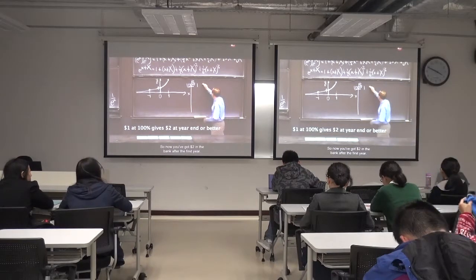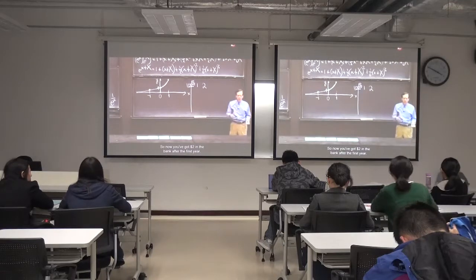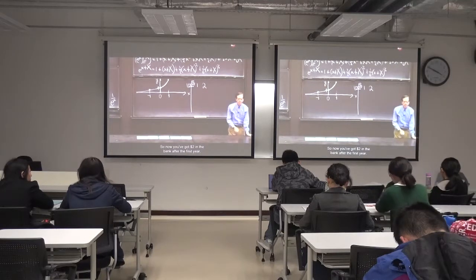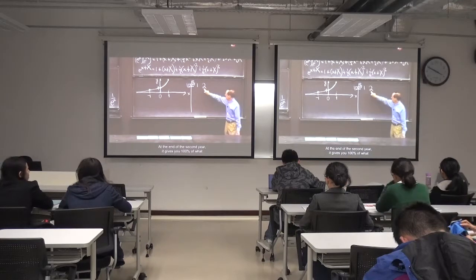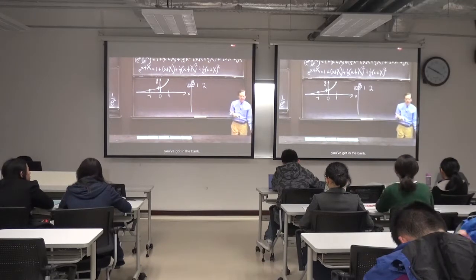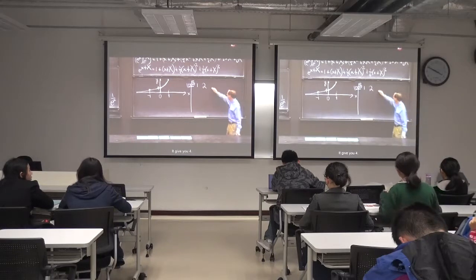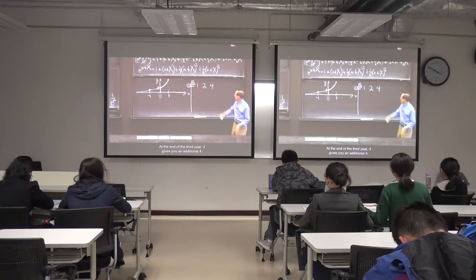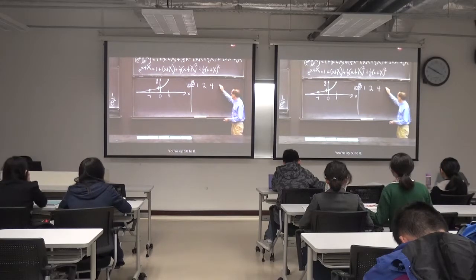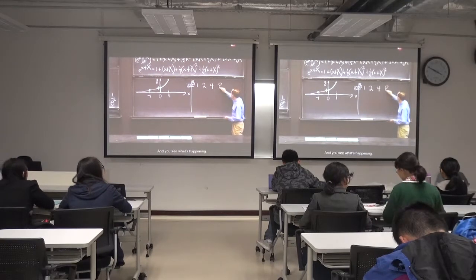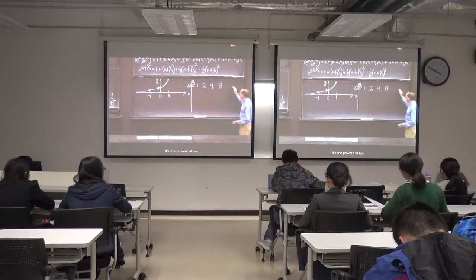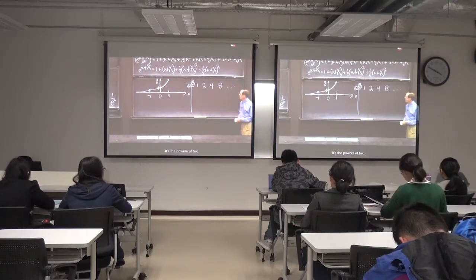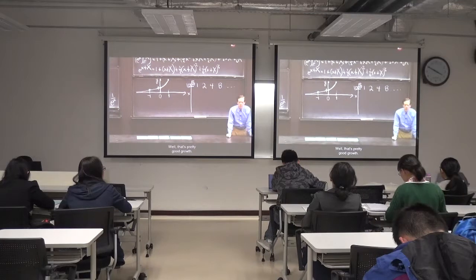So now you've got $2 in the bank after the first year. At the end of the second year, it gives you 100% of what you've got in the bank, so it gives you 2 more, it gives you 4. At the end of the third year, it gives you an additional 4, you're up to 8, and you see what's happening. It's the powers of 2. Well, that's pretty good growth.